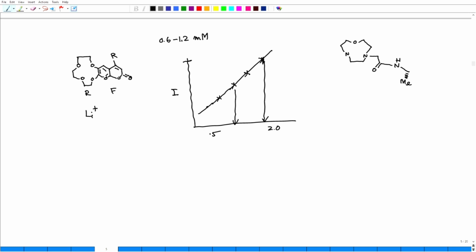This is my fluorophore, and the same thing is here also. Okay, these are two lithium sensors.